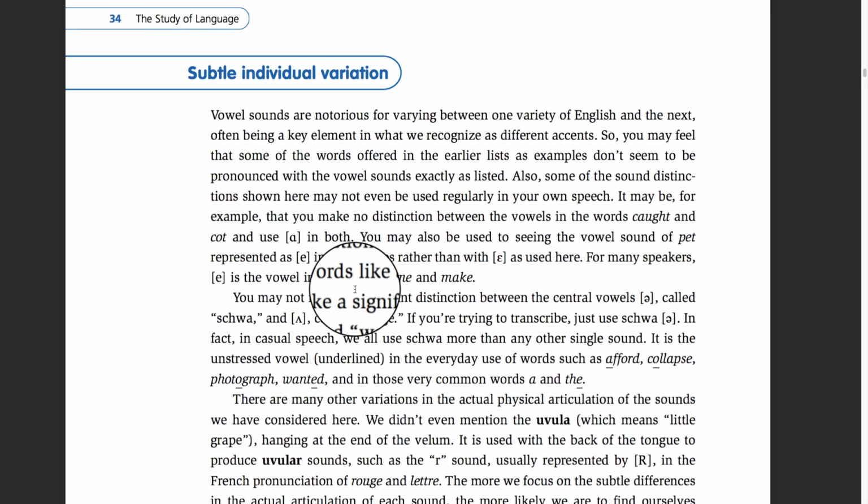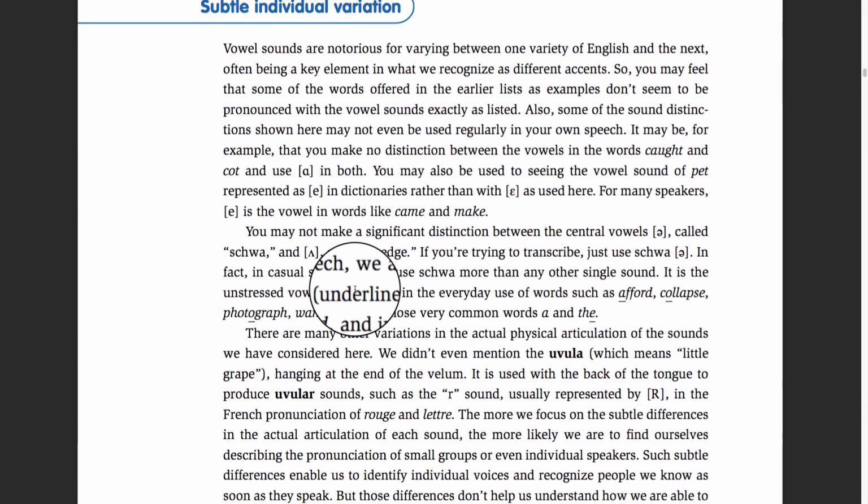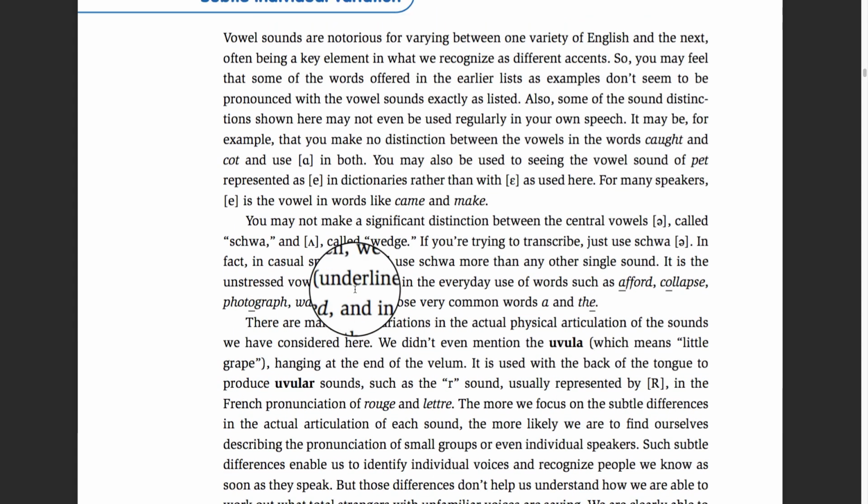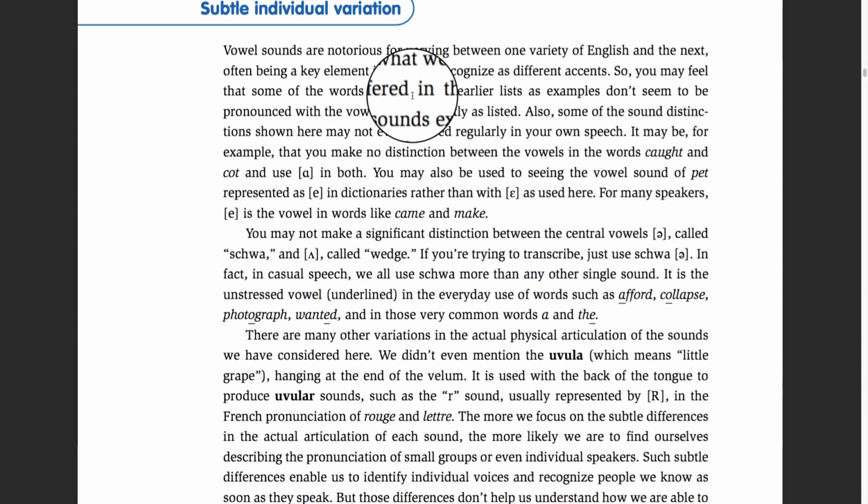Subtle individual variations، هذه تقراها حقيقة، توزيعها يتحدث لك هنا عن التوزيع الكبير للغة الإنجليزية واللهجات واللكنات.